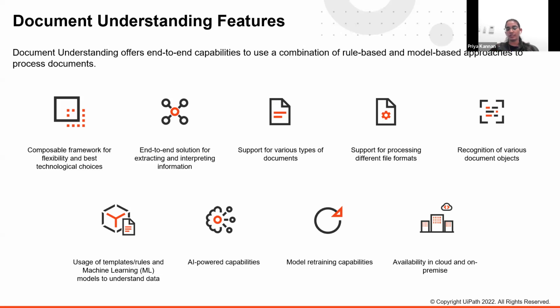Once you see new things coming up, it can retrain, and the next time a new change comes, it will have the knowledge: the last time it happened like this, so next time it should act in this manner. And now we have this available on cloud and on premises also.